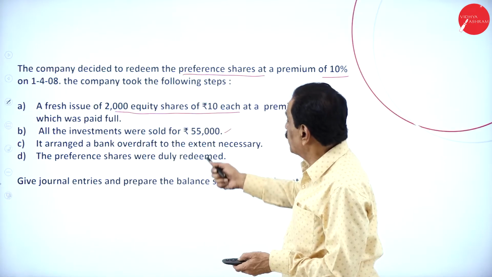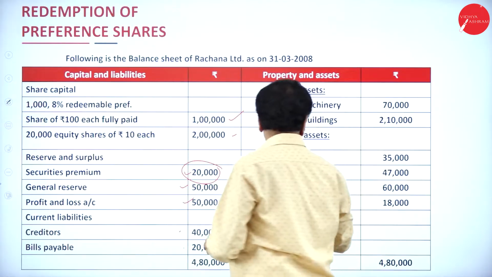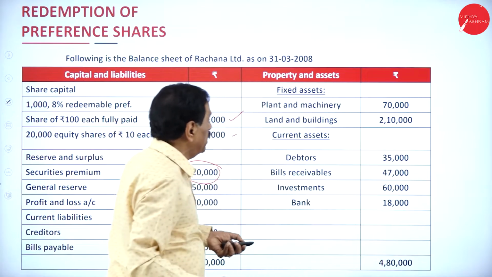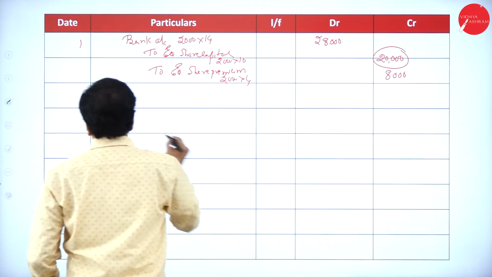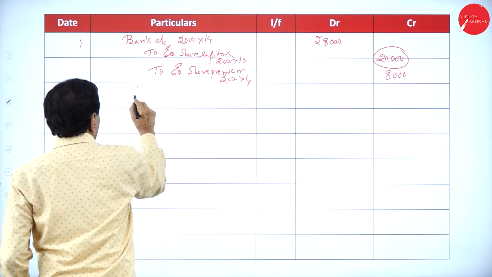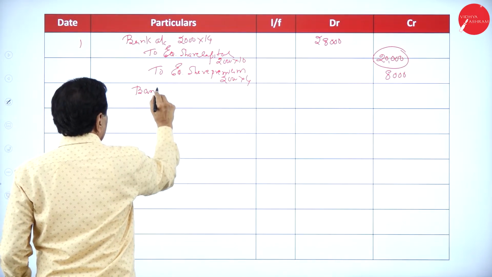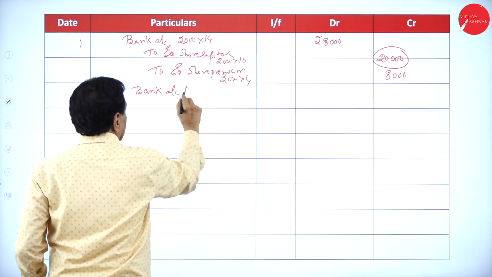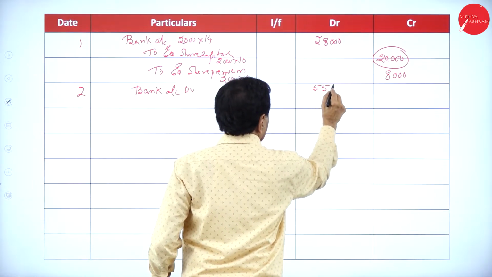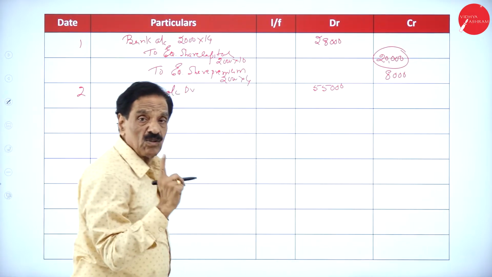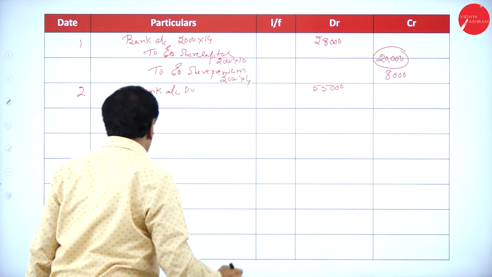You sold the investment. See that? What's your investment value? Your investment value is 60,000, which has been sold for 55,000. Second entry. Bank account debit 55,000.